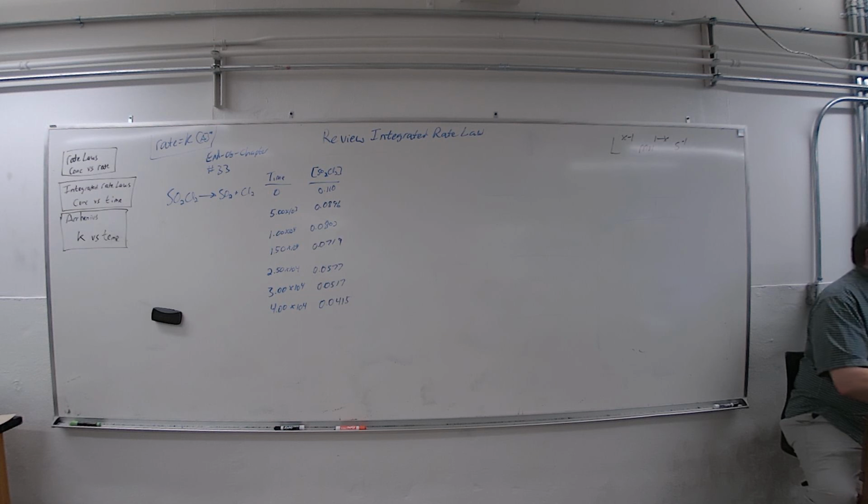First thing we need to do is figure out whether this is first order, second order, or third order. So here's what I'm going to do. I'm going to take the concentration. The one that has just concentration is zero order. Another has natural log.